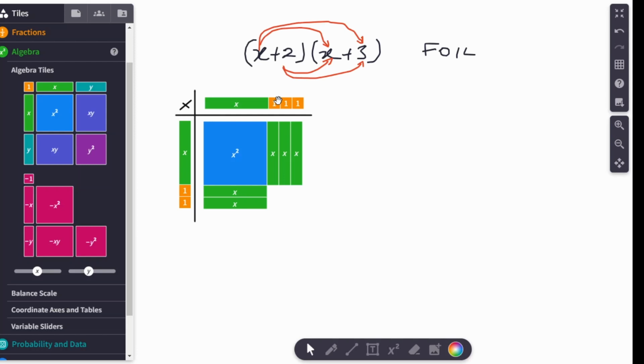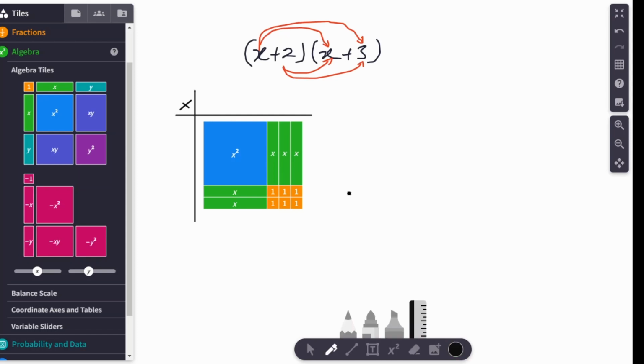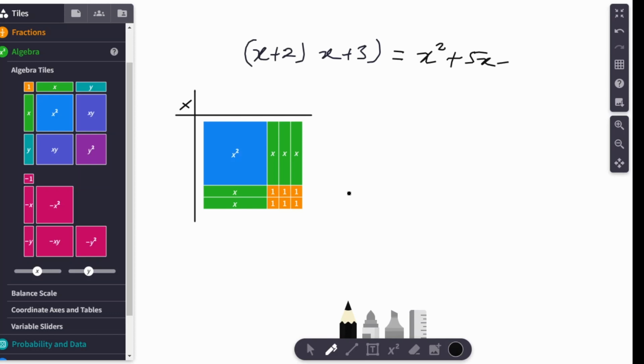Then each of the ones here multiplying the 1 will still be 1. After modeling, let's not forget to remove the outer tiles. After that, let's put all together. We are going to have x squared plus 5x then plus 6.